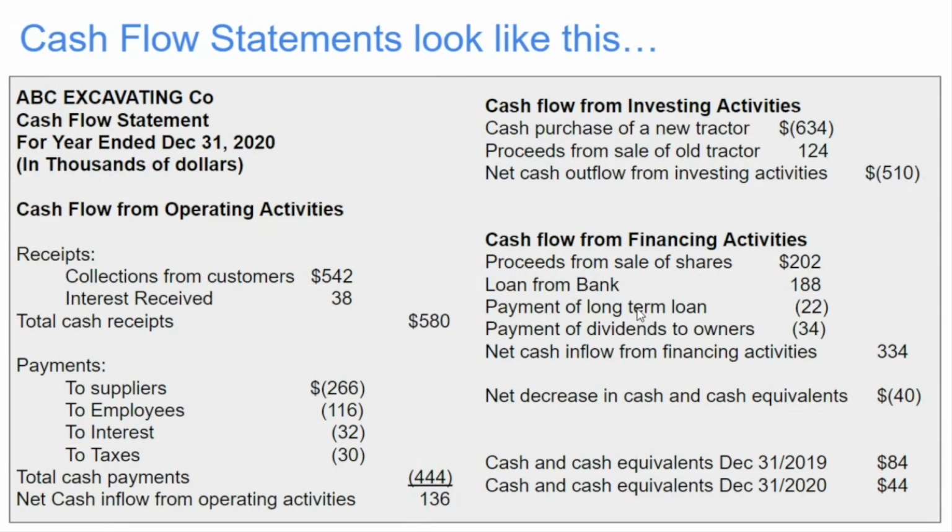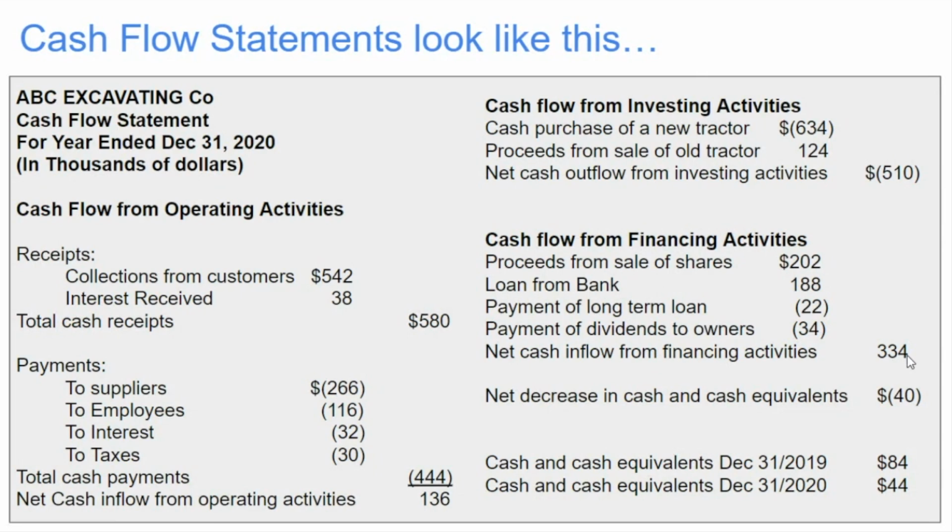So in this particular instance, let's assume that we sold some shares in the business, and $202,000 came in. We got a loan from the bank, and $188,000 came in. Money also went out in terms of financing. We paid payments on the loan, $22,000. And we paid dividends, which is money that gets paid to the owners, of $34,000.